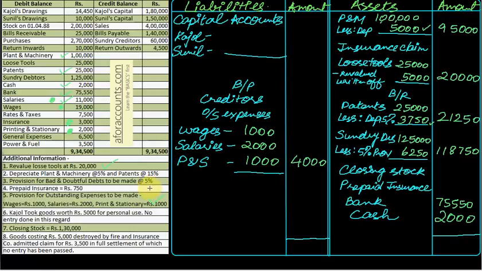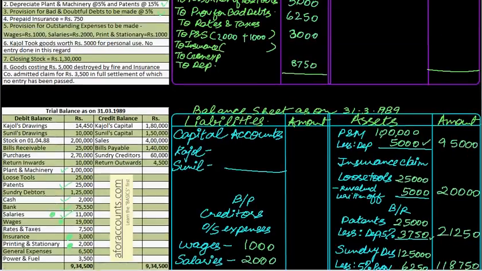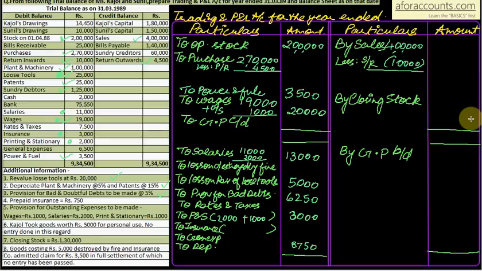Prepaid insurance 750. So let's see, insurance अभी हमने 3,000 is given. See, insurance here 3,000. And add outstanding less prepaid. So it is prepaid insurance 750. So less करेंगे, less 750. 3,000 minus 750.